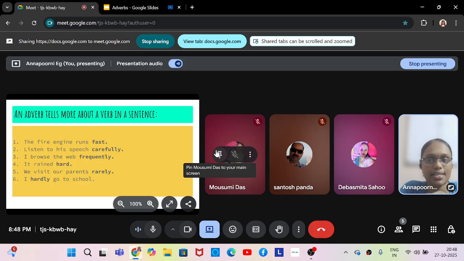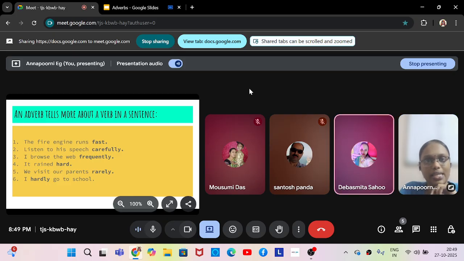Whereas in this sentence, it rained hard, rained is the word that I have to see. Is it a noun or a verb? The word rained, is it a noun or a verb? संज्ञा है या क्रिया है? Verb.